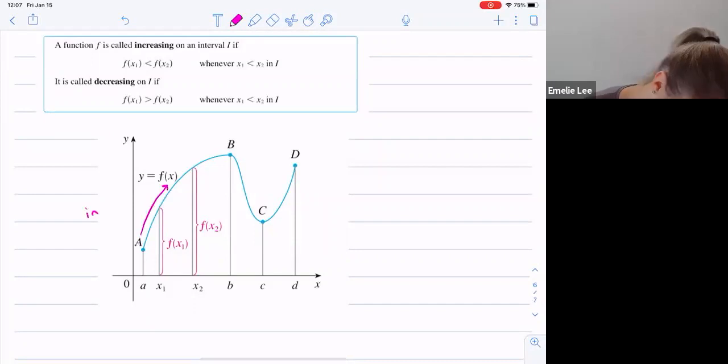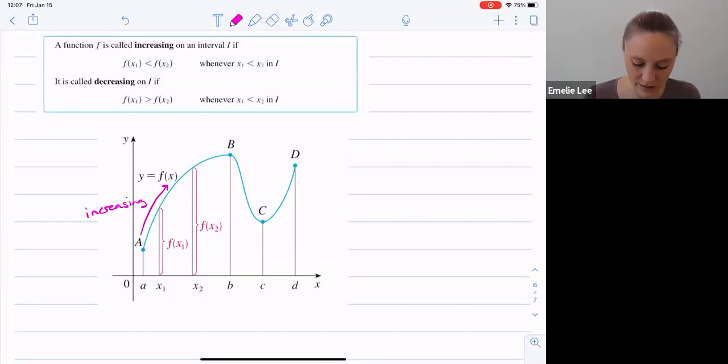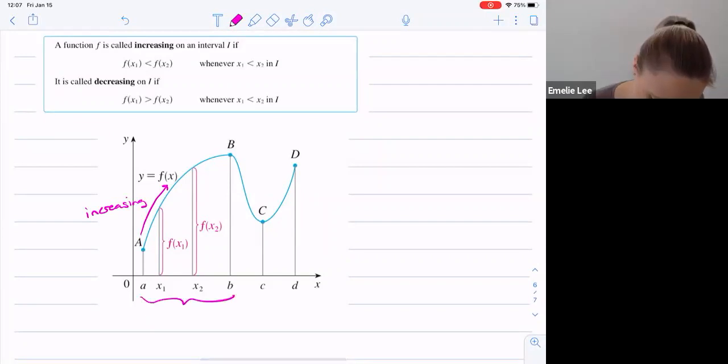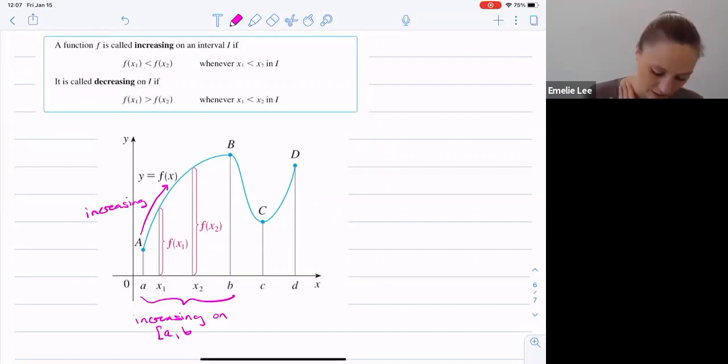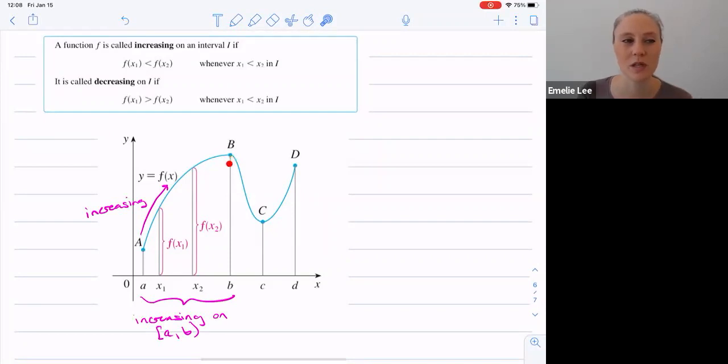So you can check it with the outputs, or if you just want to have a look here, it's increasing on A to B. I'm not going to include B, and this is going to come up more in this course, right?